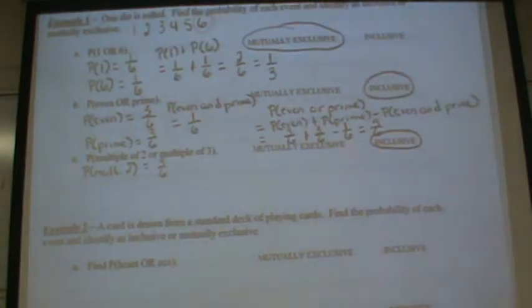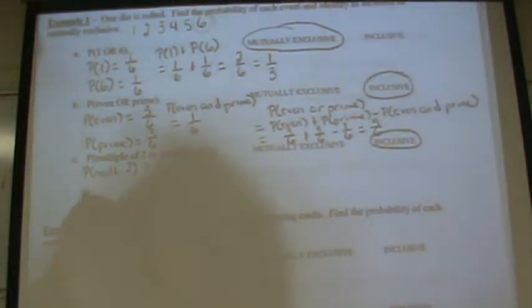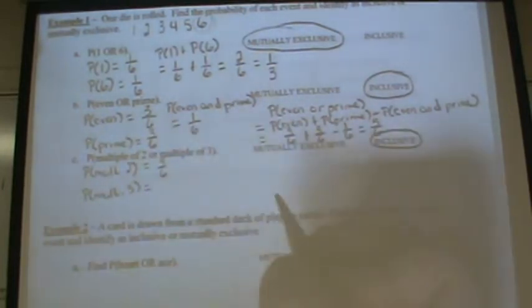So we're going to take the probability of it being a multiple of 2. So our multiples of 2 are 2, 4, and 6. So we have a 3 out of 6 chance of rolling a multiple of 2. Then the probability of getting a multiple of 3, our multiples of 3 are only 3 and 6.